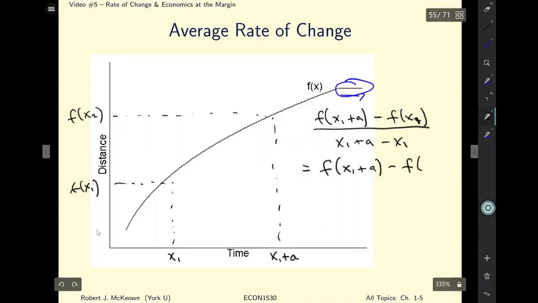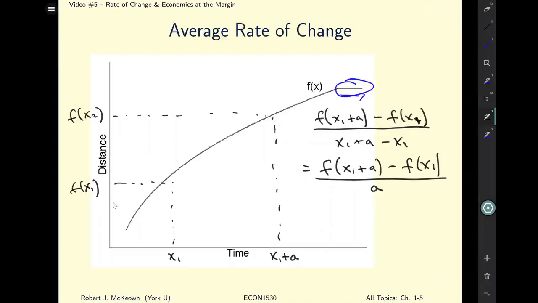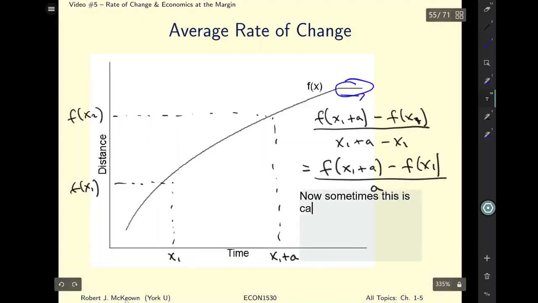Oops, sorry, that was x1 up there. Over a. And that probably looks pretty familiar to you from the previous videos. That's the average rate of change, sometimes called the average rate of change over the interval x1, x1 plus a.